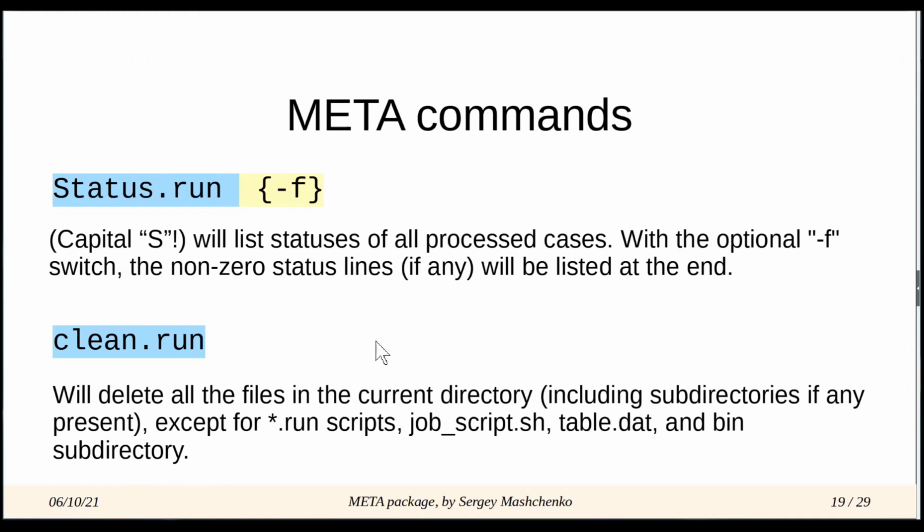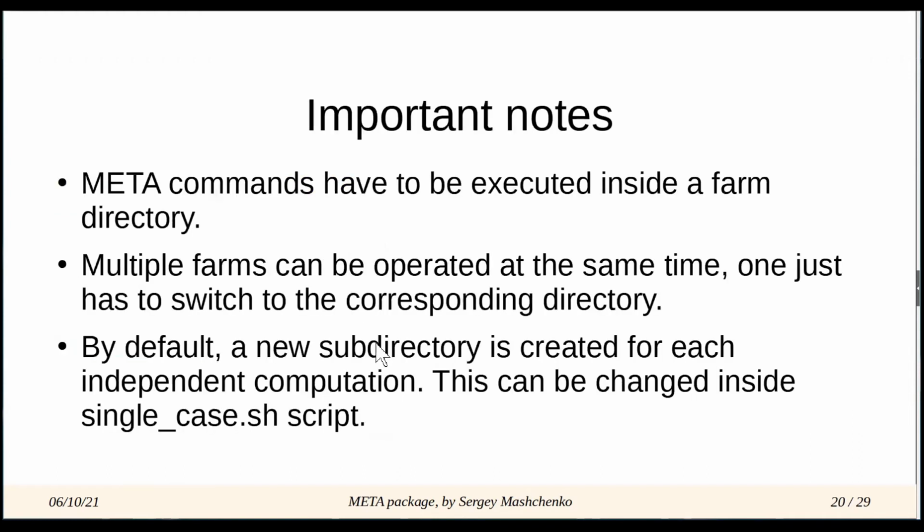Important notes: meta commands have to be executed inside a farm directory. There may be more than one farm directory, so you can operate more than one farm at the same time. The way you operate them, you cd from one farm subdirectory to another, and there you execute any of the commands I mentioned so far.